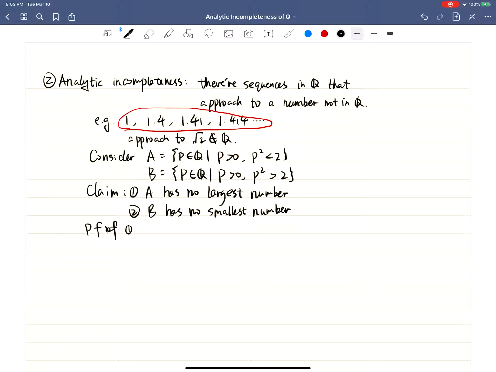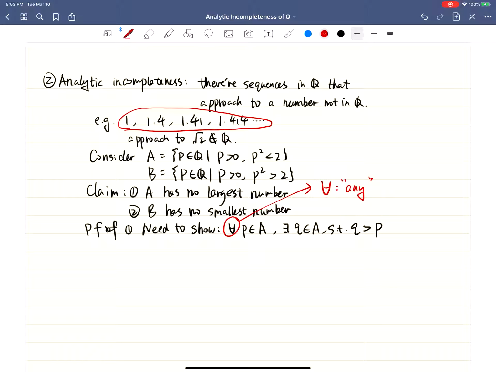Okay, we need to show, for any P in A, there exists a Q in A such that Q is larger than P. Okay, so this symbol, the backward A, is a notation for "for any".